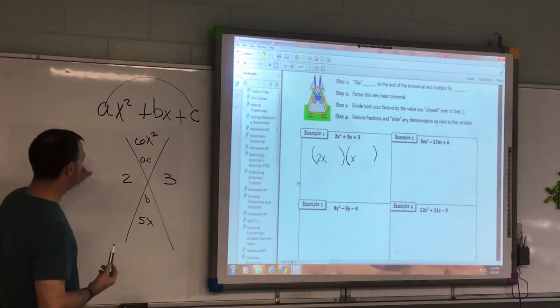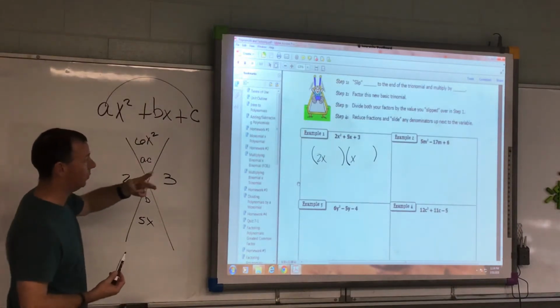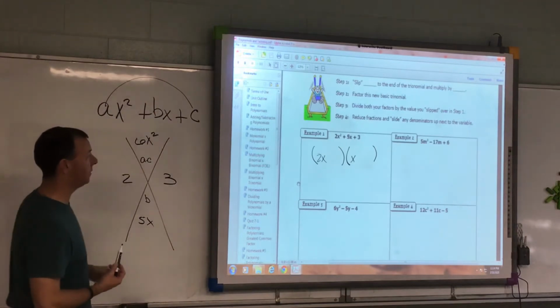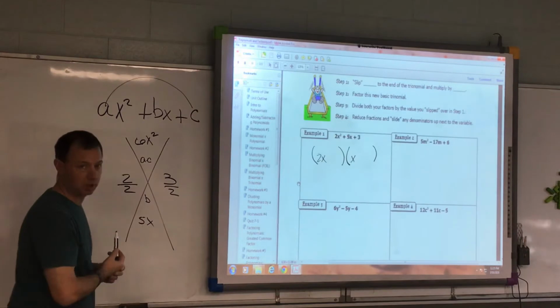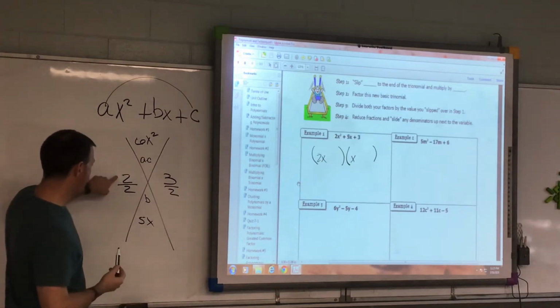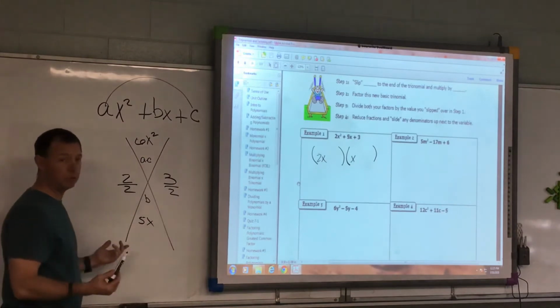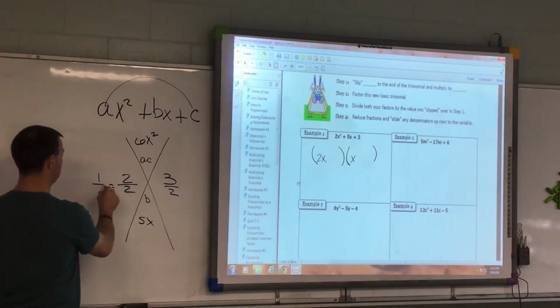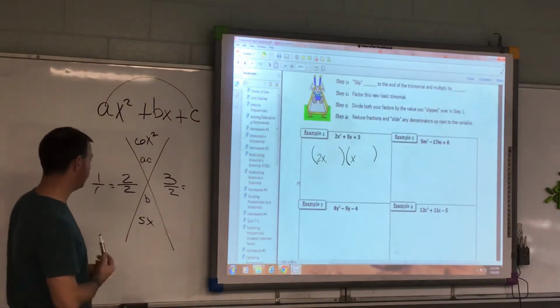Now, remember that number that I multiplied by? That was my 2, the one that slipped over to the other side. I'm going to now slide that underneath each term. So now this becomes 2 over 2 and 3 over 2. I've reduced those terms. That is 1 over 1, and that one doesn't reduce. Now watch how this works.